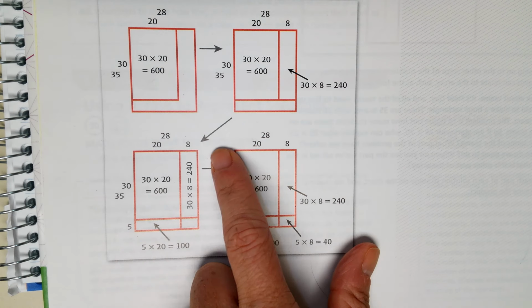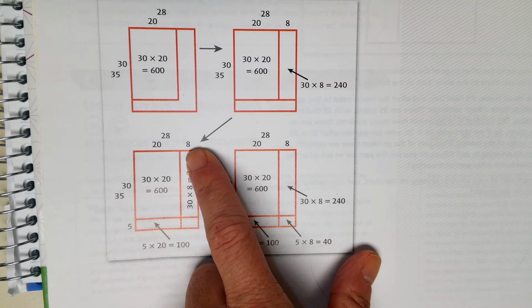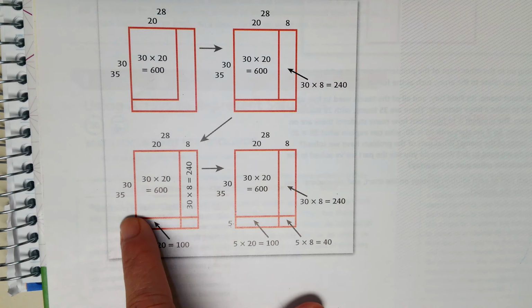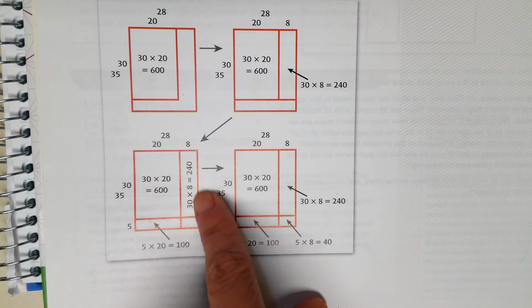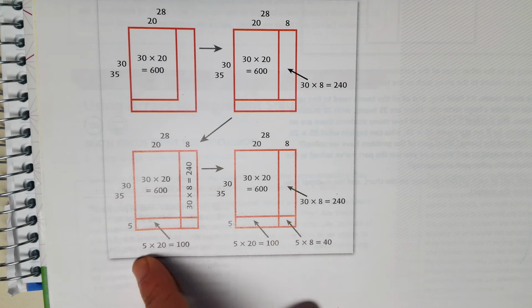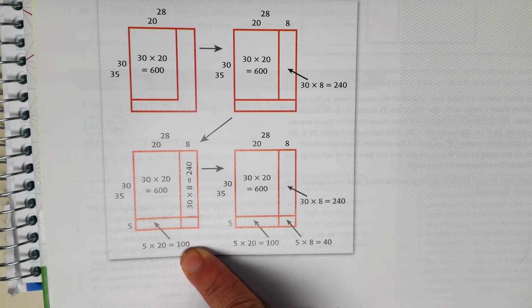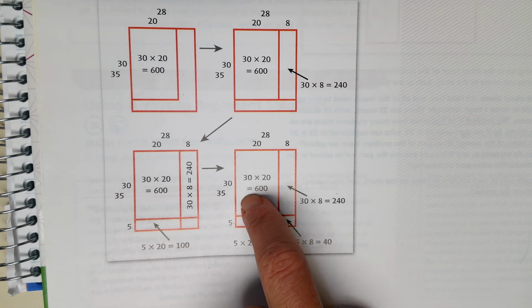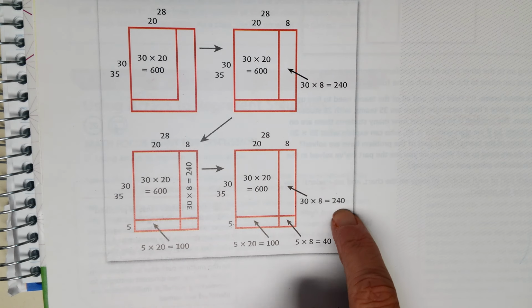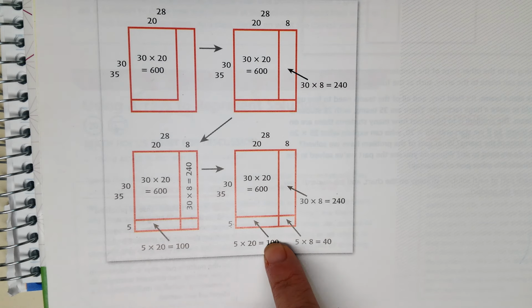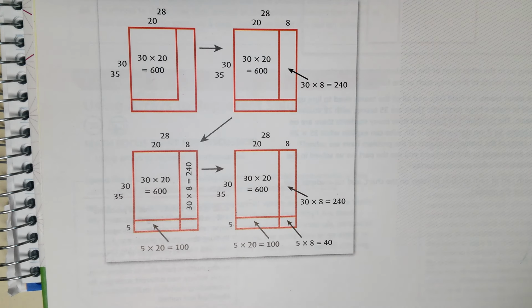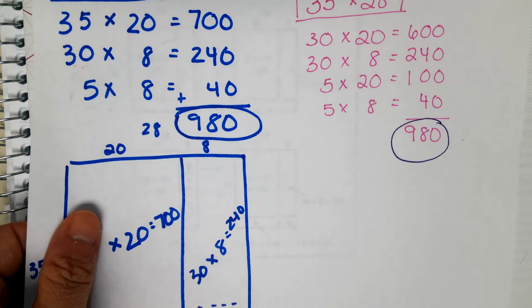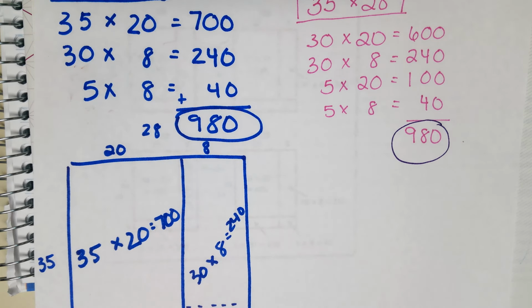Then I skip down here, so we have 30 times 8 is 240, but I still have my 5 that's remaining. Then over here, I have my 20 because my 8 has already been taken care of. So 5 times 20 is 100. All right, so I have my 600 plus 240 plus 40 plus 100, and that's going to equal my same answer, which is 980. Okay, ladies and gents?